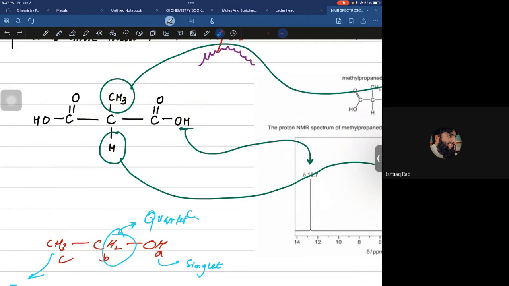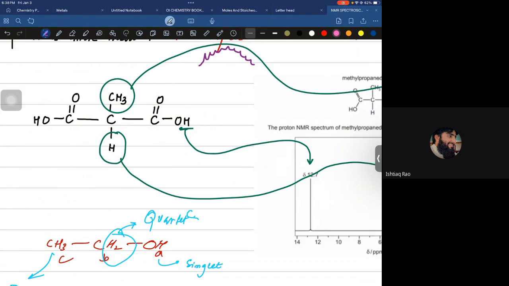If you are thinking this is a neighbor, this is a neighbor, I'm not considering any element except hydrogen. There is no neighbor of this hydrogen. So n is equal to 0. When n is equal to 0, by the n plus 1 rule, that would give you 1. It would give you a singlet. So I'm writing that it would be giving us a singlet.